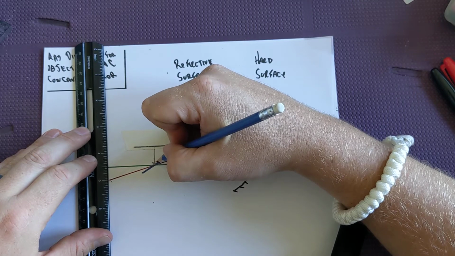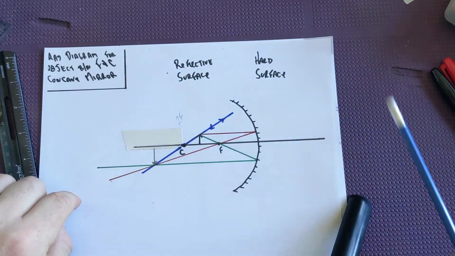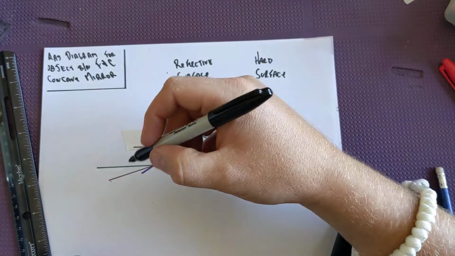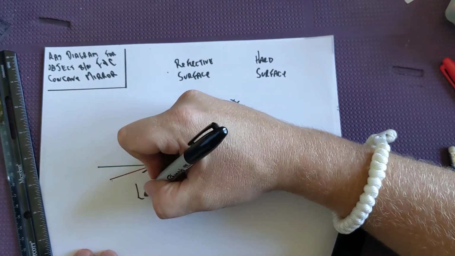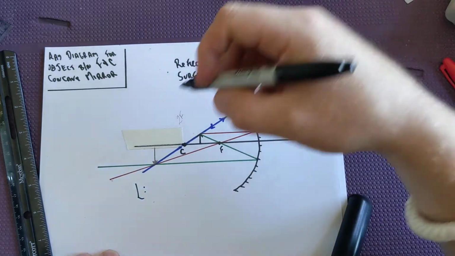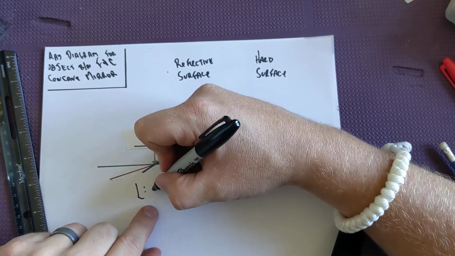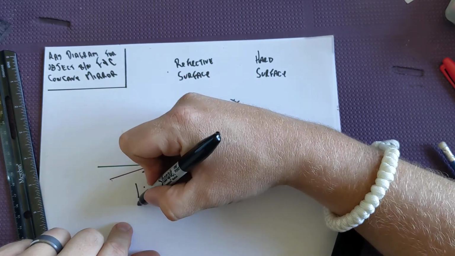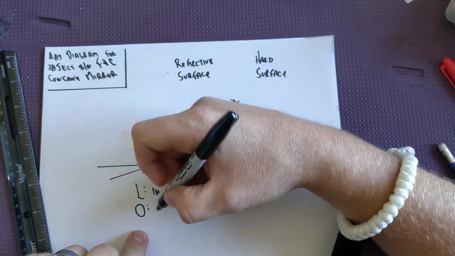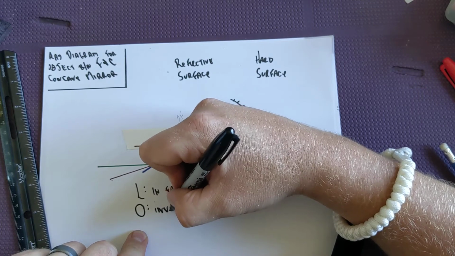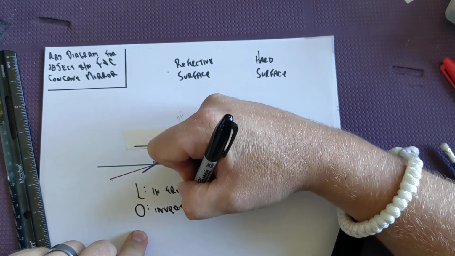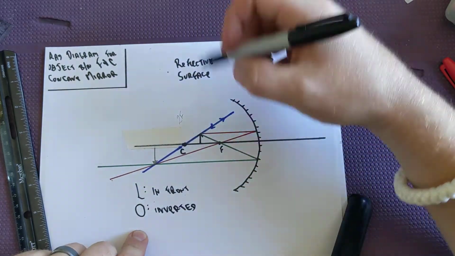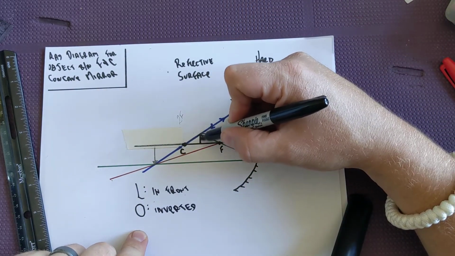And so, because of that, we can write down that the location of our image is in front of the mirror. The orientation is inverted, which means upside down, right? The arrow's pointing up over here. The object is pointing up.